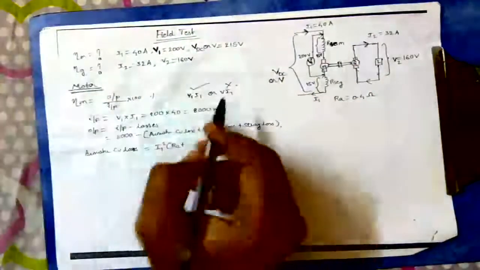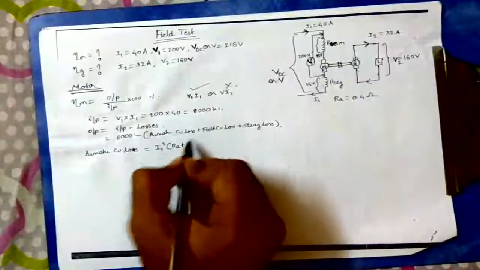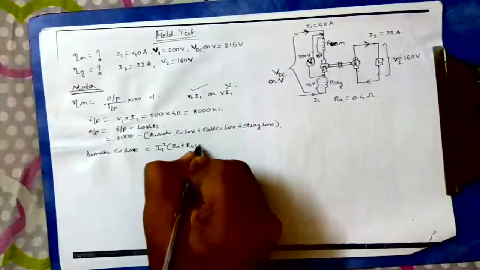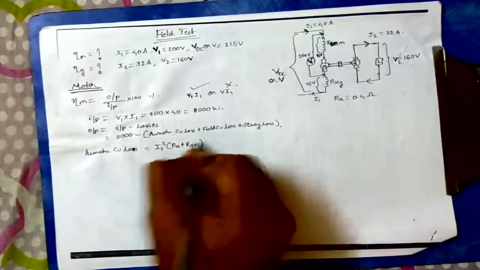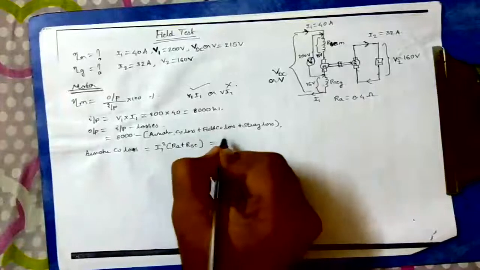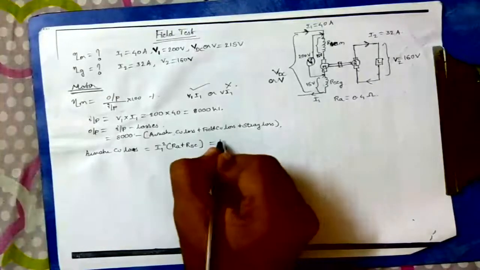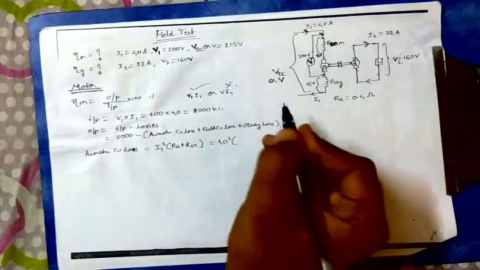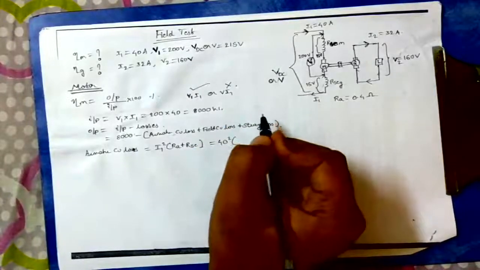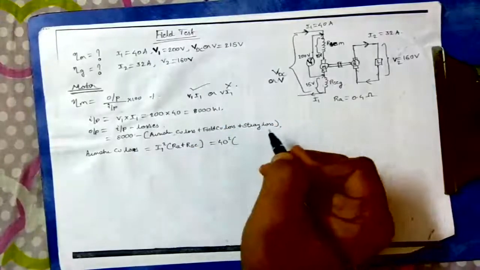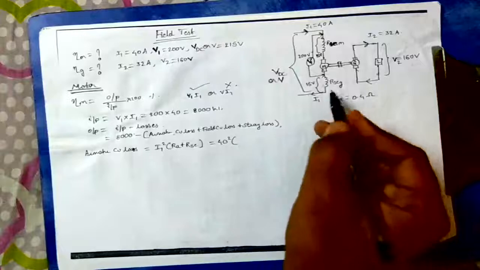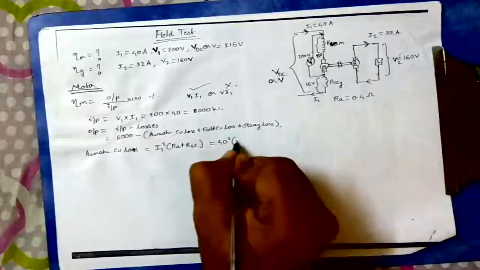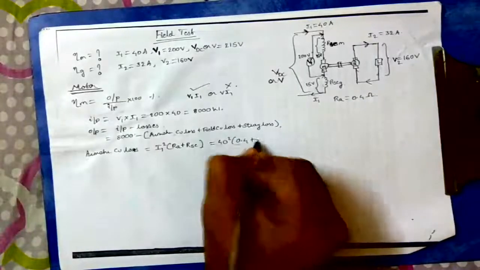So I1 square is 40 square. RA is how much? I think RA is given. RA is 0.4, yes, it is given.